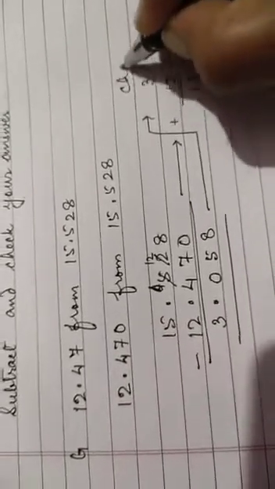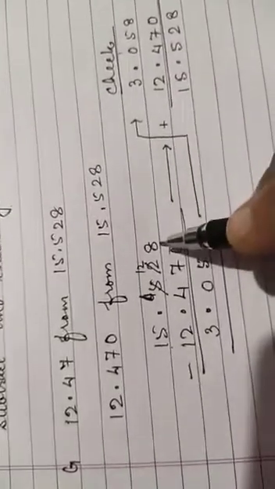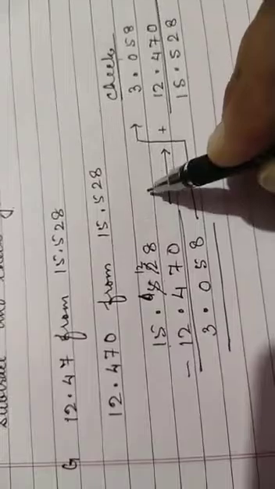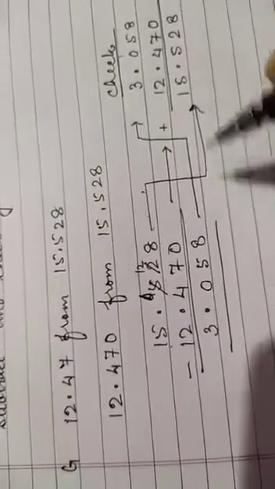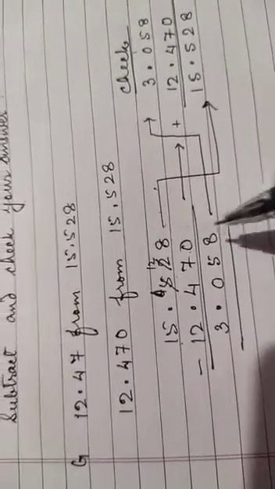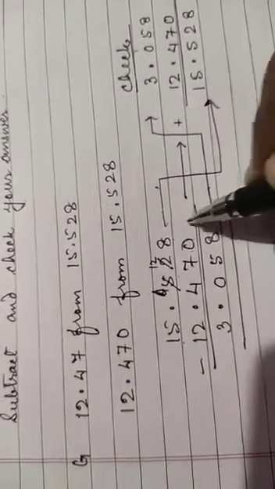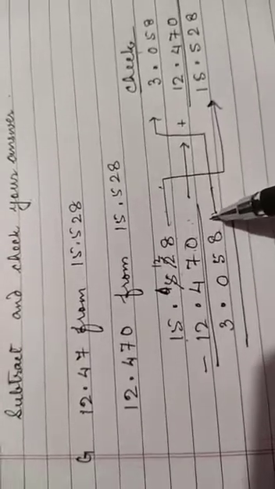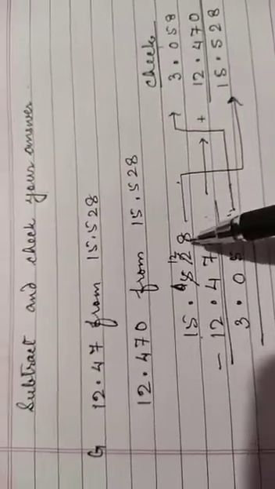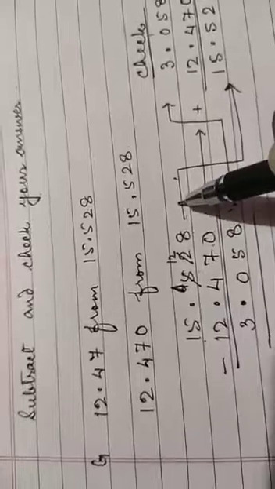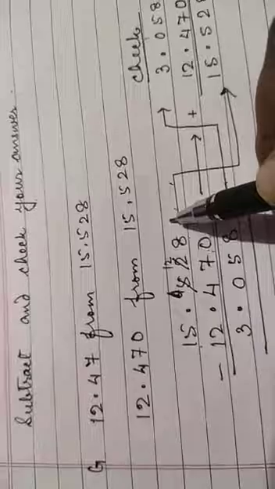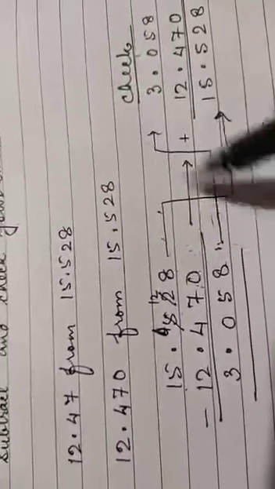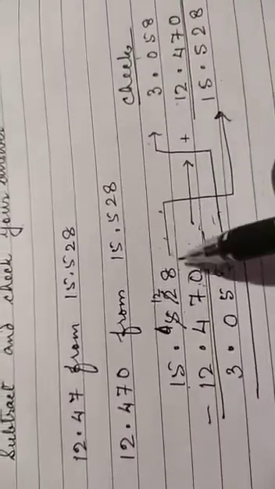This is check. Okay, now what we got is 15.528. When you add this answer to this other number that has been subtracted, then you will get the greater number. When we add the answer to the smaller number, we get the greater number. Okay, answer added to the smaller number, we are getting what? The greater number.